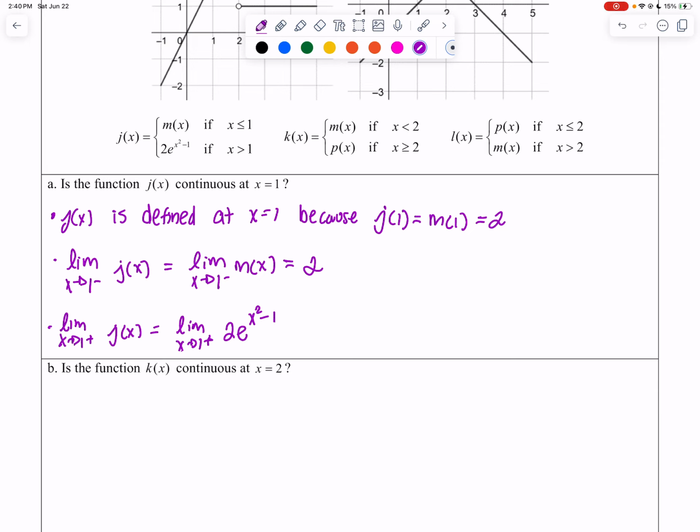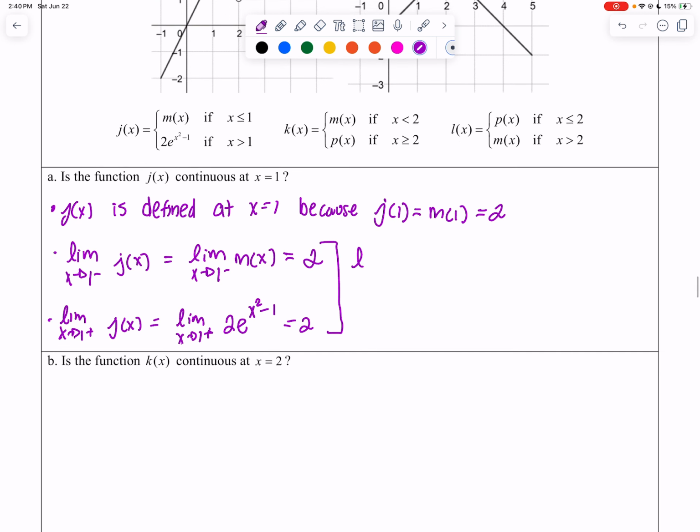Now, if I were to plug in 1 into that, 1 squared minus 1 is 0, e to the 0 is 1, 2 times 1 is 2, so this is going to give me 2. Which means that the limit as x approaches 1 of j of x exists since my left side limit and my right side limit are the same.